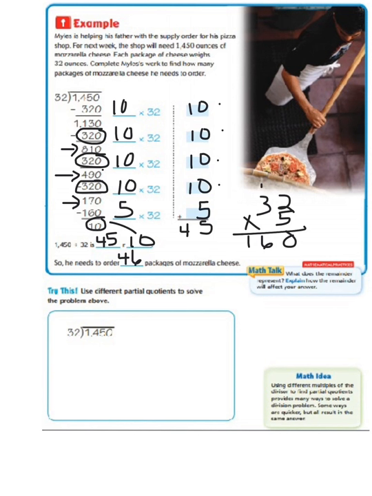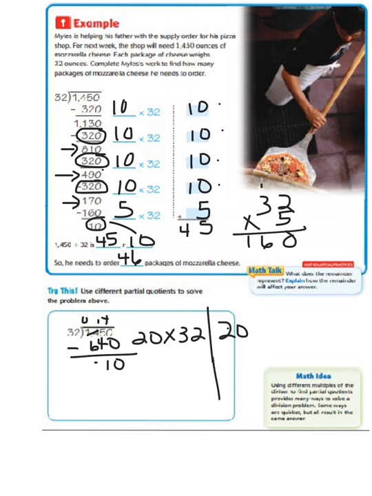So, we could double 32 to where it would be 640, and that would be 20 times 32, or 20. And that's 0 minus 0, 5 minus 4 is 1, we need to borrow, which would be 14, and 0, 14 minus 6 is 8.